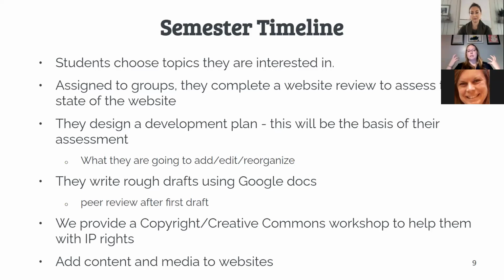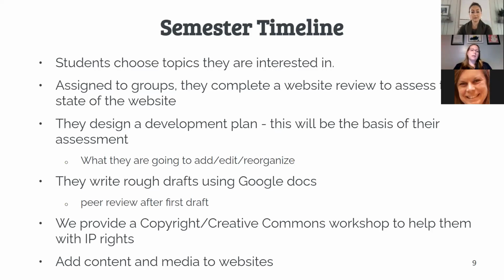Because in our first go round of this project, we actually realized that students have very basic knowledge of copyright and Creative Commons. So to create websites that are publicly available and openly available for other people to use, we realized that we needed to give them a little bit of scaffolding to help them with that.